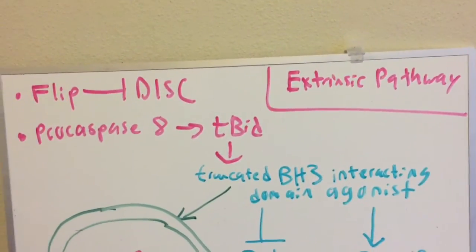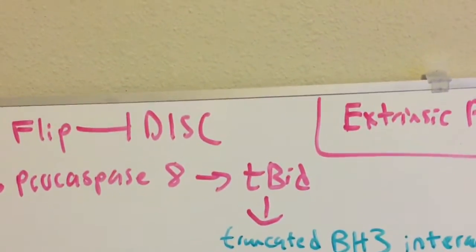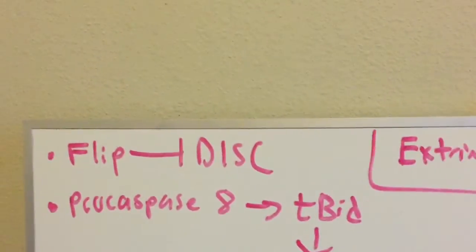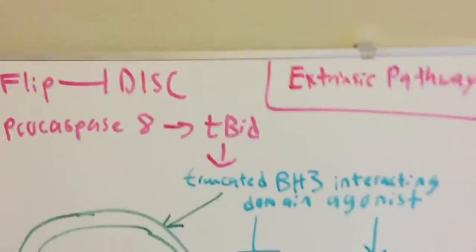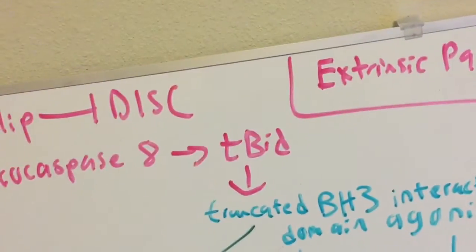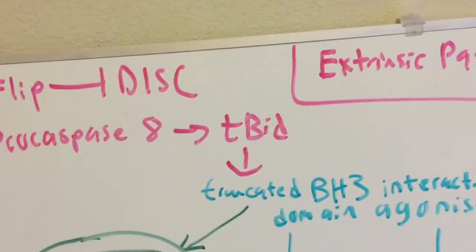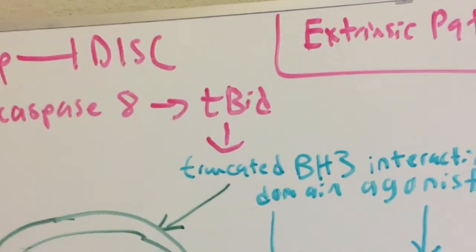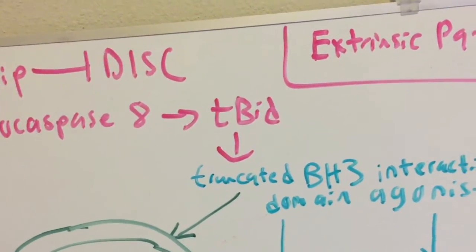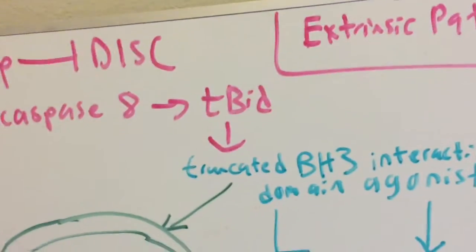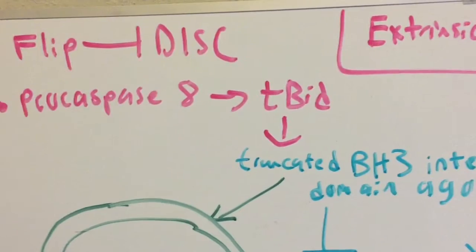The last bit regarding the pathway: there's another type of anti-apoptotic protein called FLIP. These are proteins that can inhibit the formation of the DISC, which is the very beginning of the extrinsic pathway. So you can have the death ligand binding to the death receptor, but the death domains do not recruit any of the sequential proteins needed for the caspase to occur.